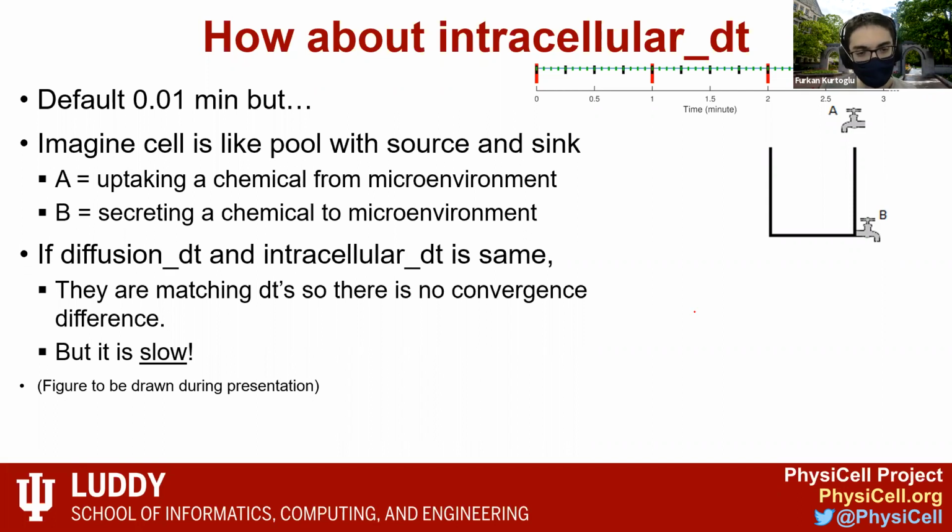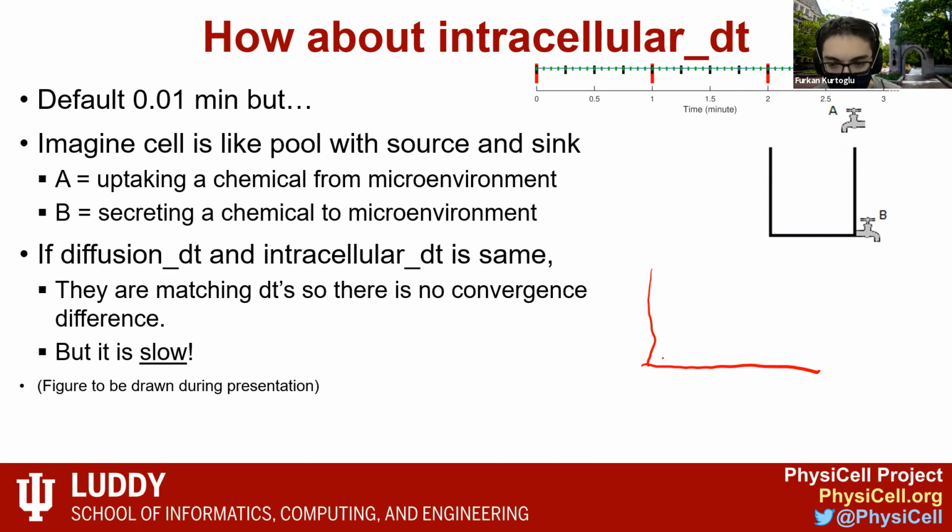I'm just thinking of Excel as a kind of pool with a source and sink. Let's say there is a chemical reaction occurring in the cell that is consuming the chemical. So we have a chemical here, and it's consumed.